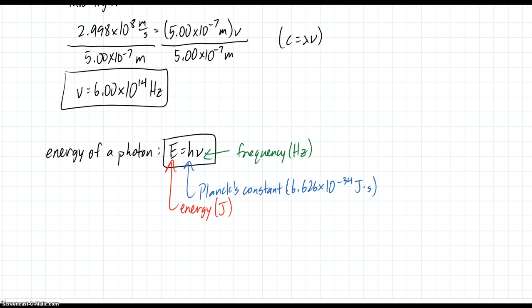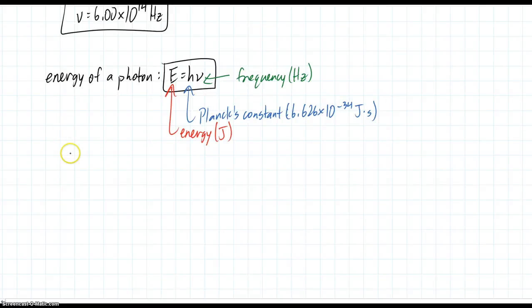Problems dealing with the energy of a photon are very similar to the ones that we just talked about relating speed of light, wavelength, and frequency. There's a constant, Planck's constant in this case. We'll be given the value of one of the other two variables, either energy or frequency, and be asked to find the other one.